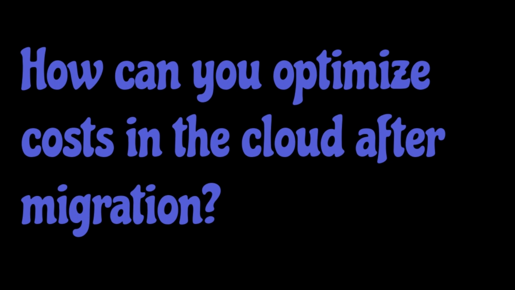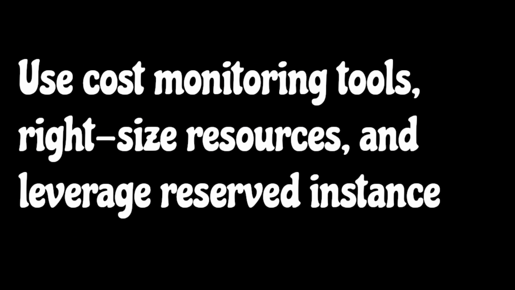How can you optimize cost in the cloud after migration? Use cost monitoring tools, right-size resources, and leverage reserved instances. So it is quite self-explanatory and quite obvious. Once we want to control the cost, we need to have monitoring in place, and for that we need monitoring tools. The resources, for example, if we need virtual machines of certain size, we have to predict that, we have to calculate that, and monitor that it is enough for us.